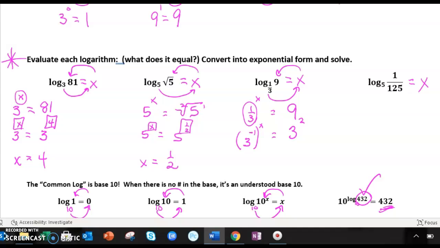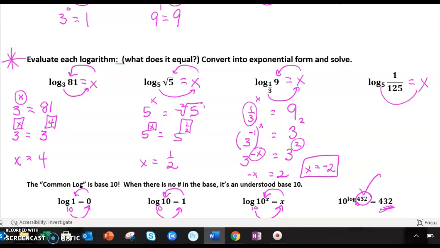A power to a power, we multiply, so we have 3 to the -x power equals 3 to the 2nd power. So -x is equal to 2, and x would equal -2. And there we have it. Using the one-to-one property, we set our powers equal.